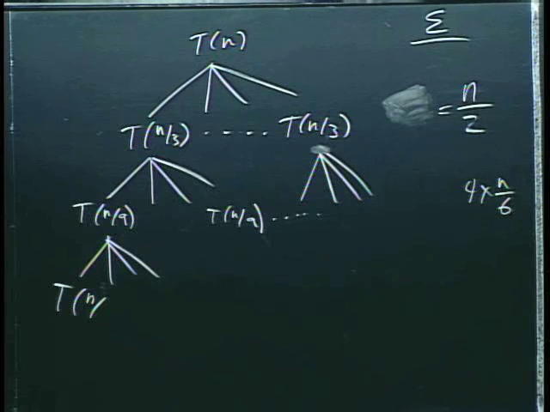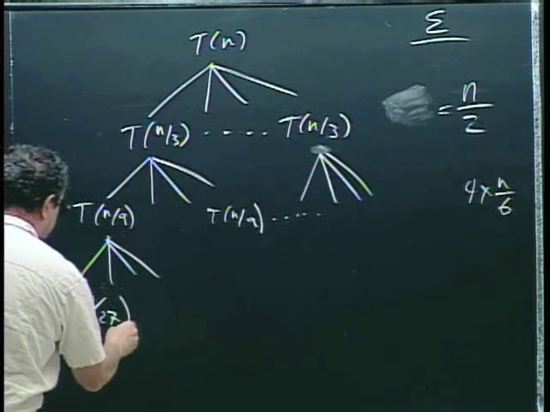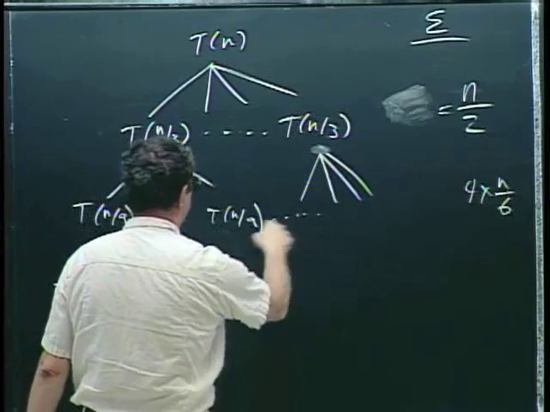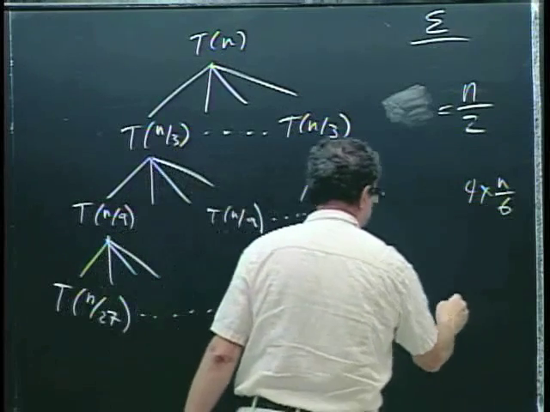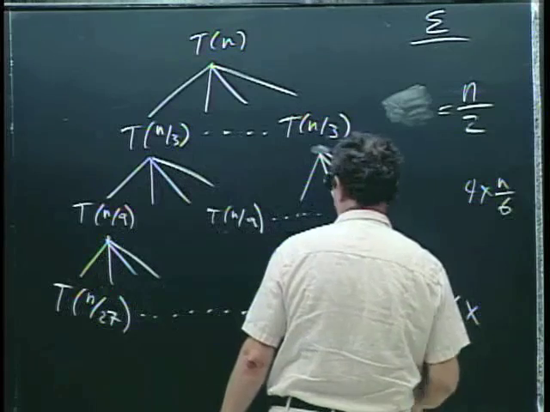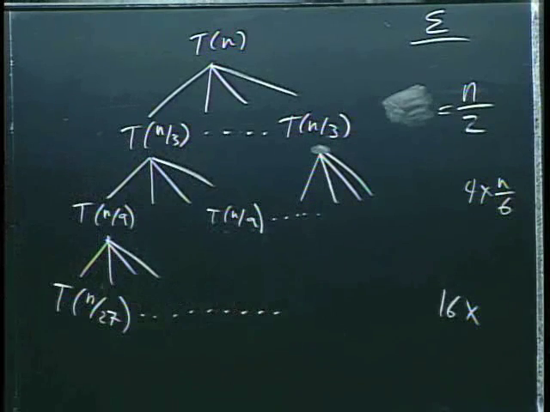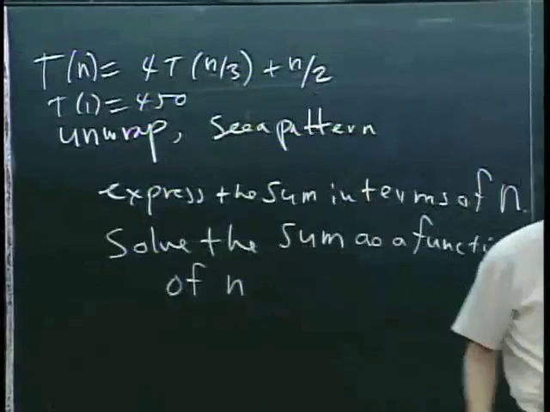Okay, you're getting it. But how much is left behind here now? We have 16 of these guys, right? And this is n over 9. So when n over 9 was on the left side, this over here is n over 18.